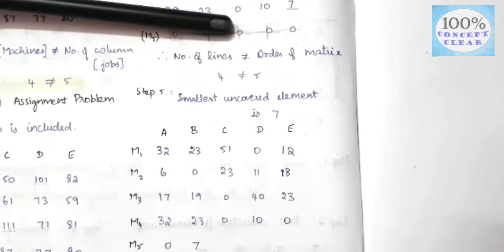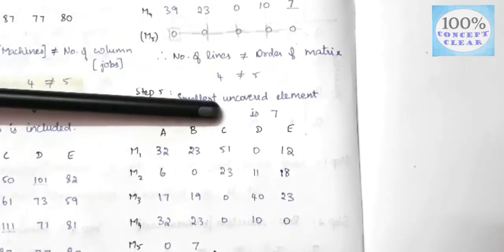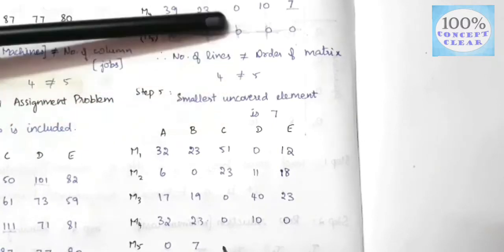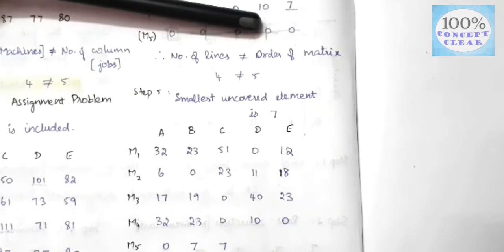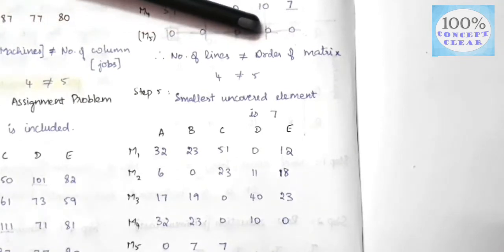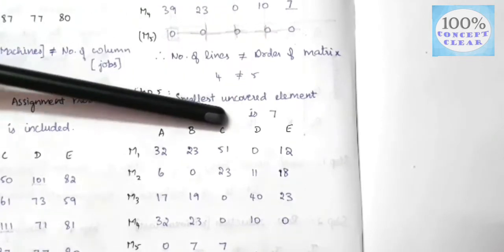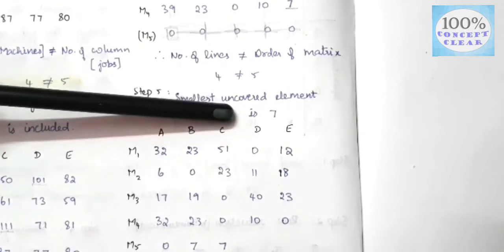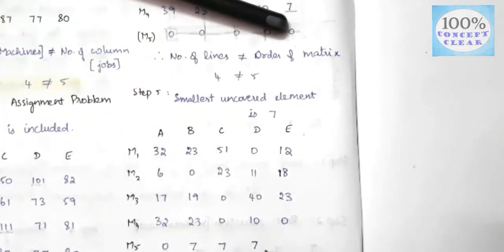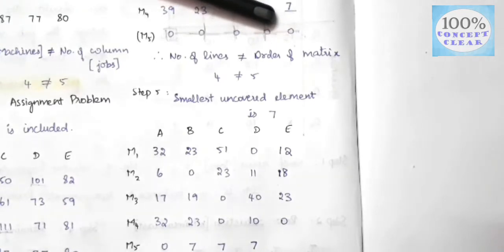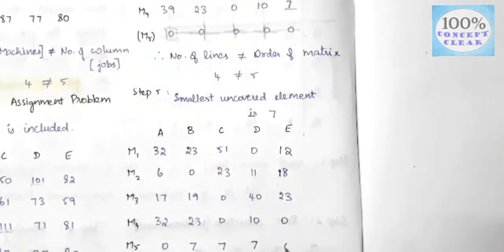So 0 plus the smallest uncovered element, 7, is 7. And here also this is an intersection point. So 0 plus 7 is 7. And this 0 is a covered element, so we just write it as it is.